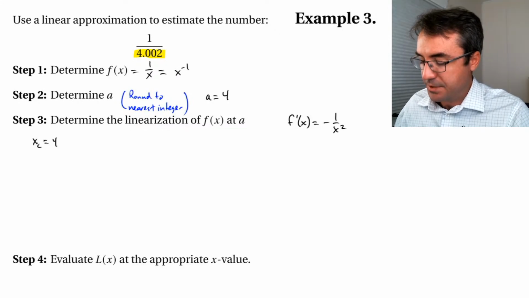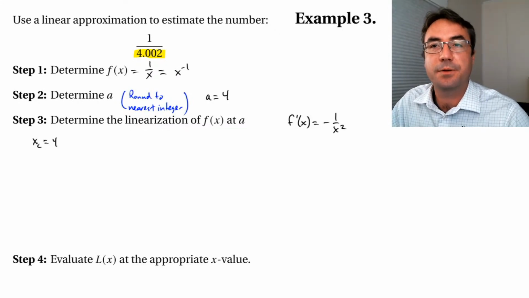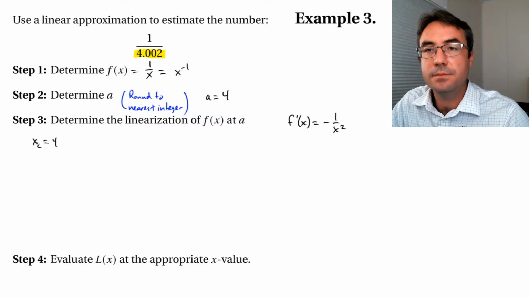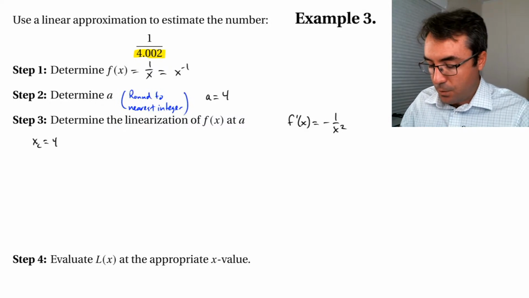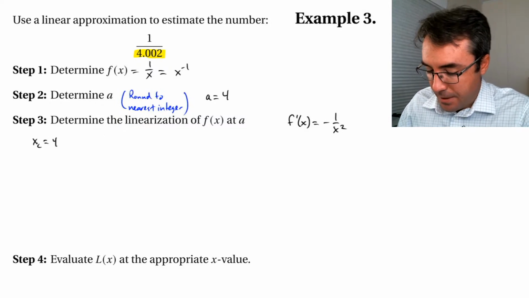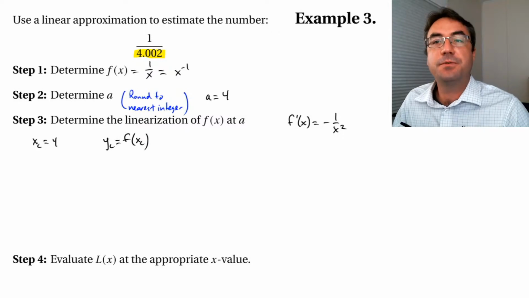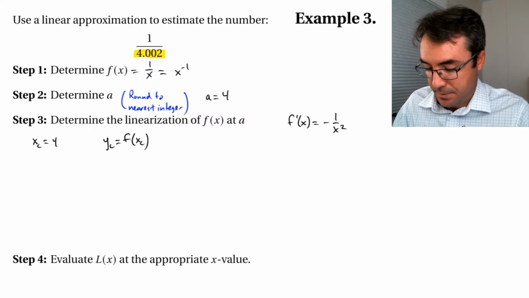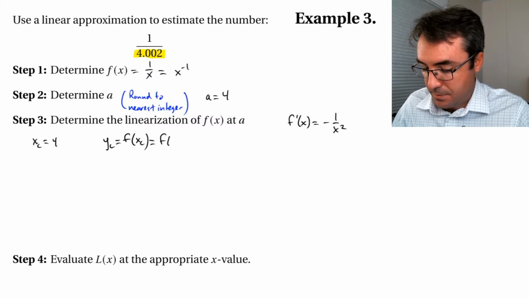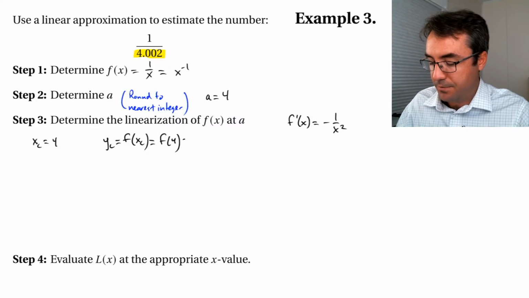And our derivative ends up being negative 1 over x squared. So the x-coordinate we set is 4. The y-coordinate, we just take our x-coordinate and plug it into the original function. So we're going to evaluate our original function at 4, and this is just 1 over 4.